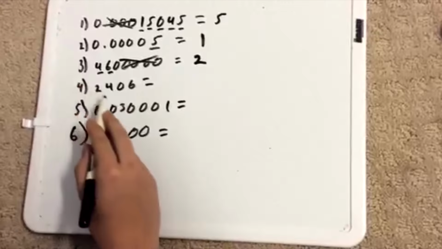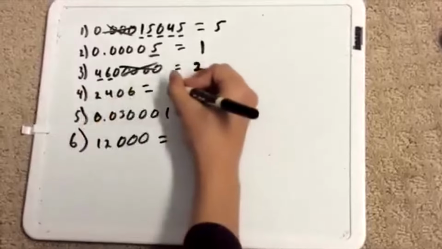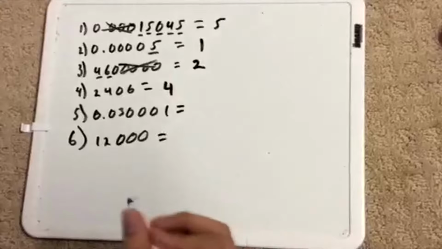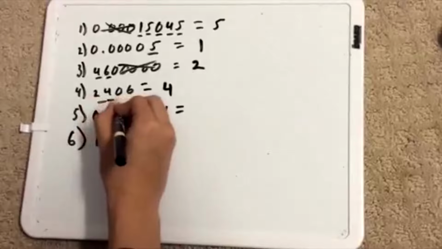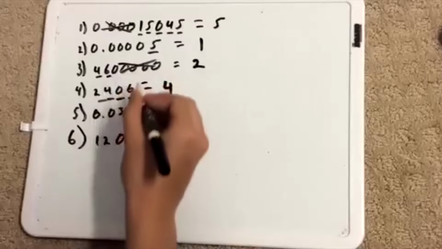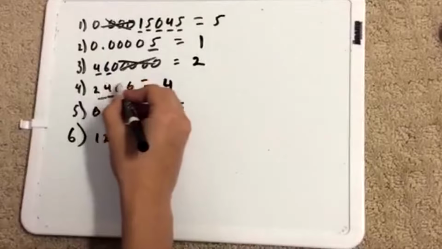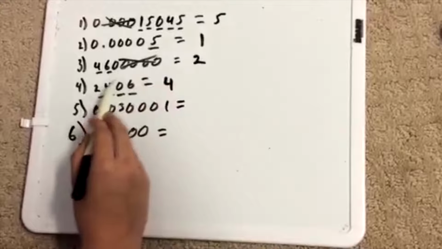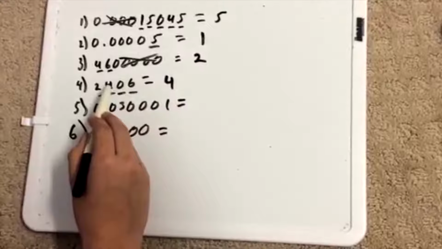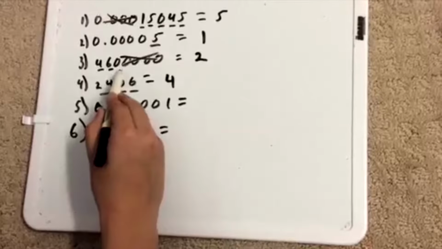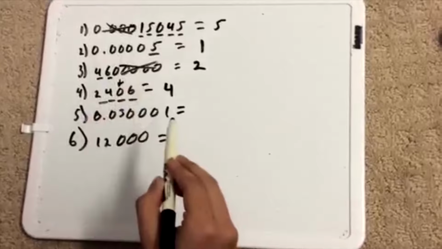For number 4, there would be 4 significant numbers, including this 0 right here because of one of the 3 general rules saying as long as the 0 is between 2 non-zero numbers, in this case 4 and 6, it makes this 0 a significant number.